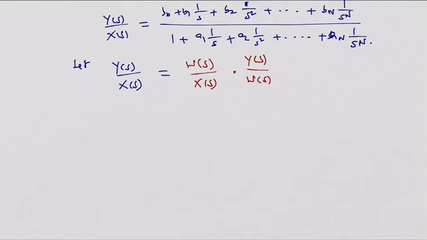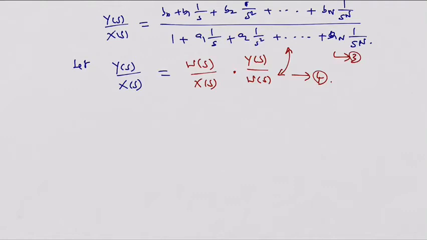So you will get w of s by x of s times y of s by w of s. It does not change the format or the equation, where I just imagine the denominator term of the previous expression. Make a comparison between this equation, identified as 3, and this equation, identified as 4.